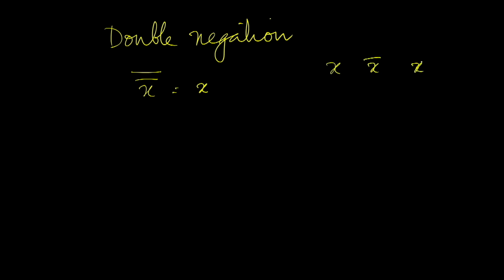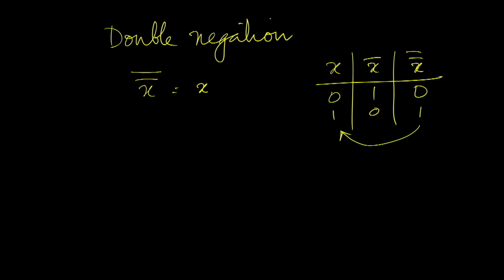Double negation. Double negation asserts that the negation of a negation is the same as X. Again, you can verify this using a truth table. The negation of 1 is 0, the negation of 0 is 1, so this is identical to X, establishing the double negation law.